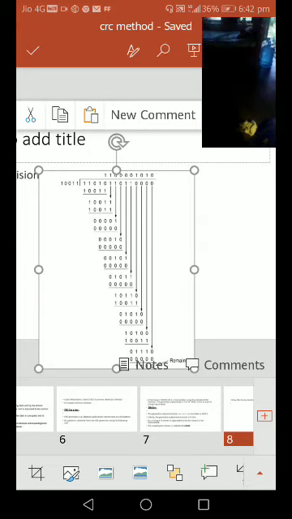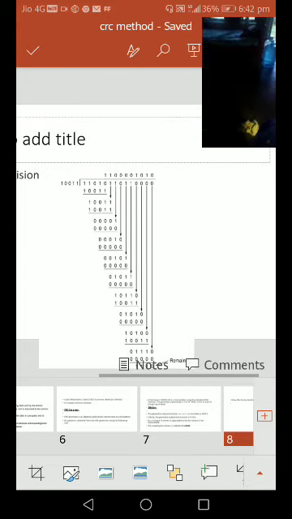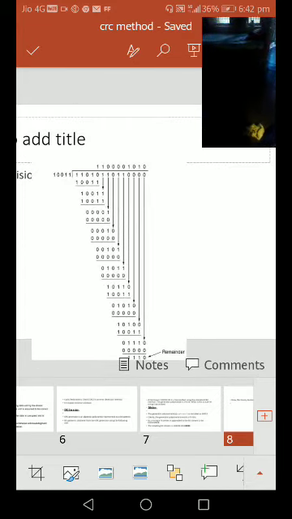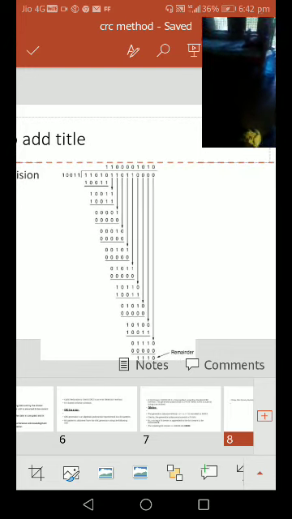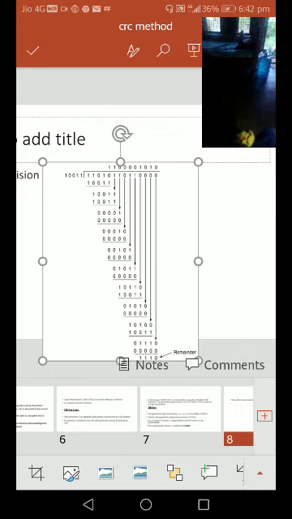The least significant bit, again we have to discard it here, the 0 bit. What is the value of the remainder? The remainder is 0101. Again the remainder is not 0.